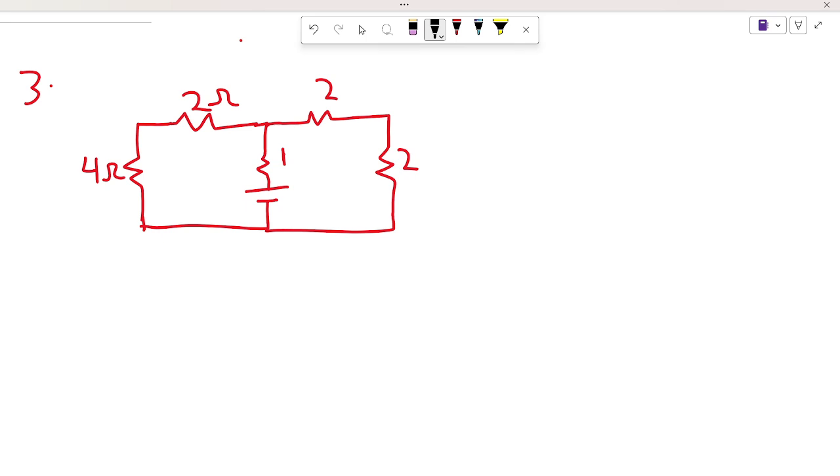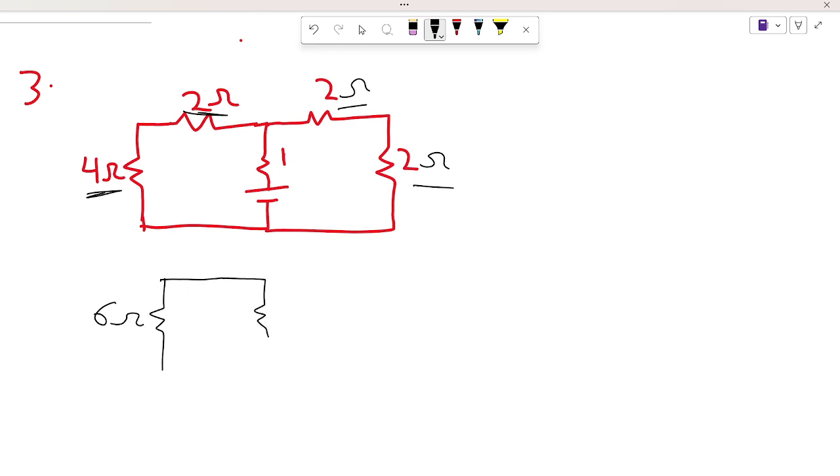The 4 ohm resistor and the 2 ohm resistor are in series, so we can add them up to get 6 ohms, and the 2 ohm resistors at this point are also in series, so we can reduce our circuit to get 6 ohms at this point.